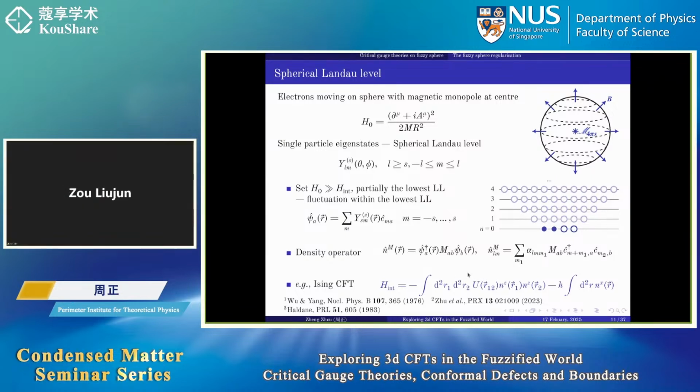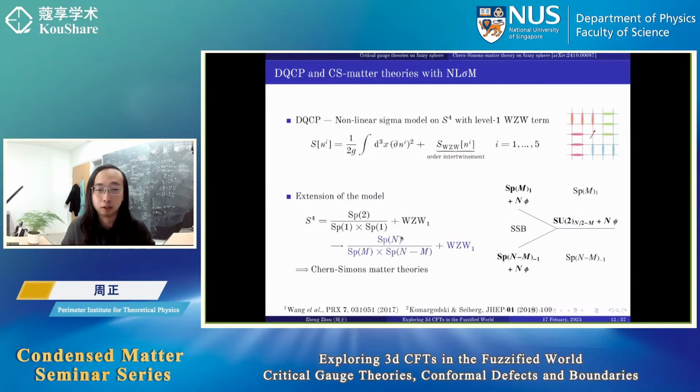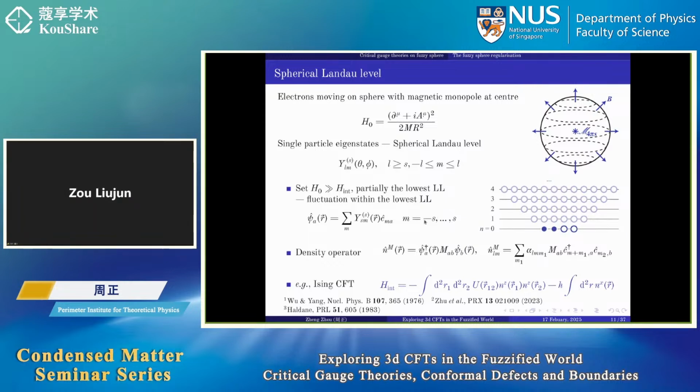By that construction, the only thing you need to know is that the fermions live in a spin S representation of the SO3. But is the fact that the models look the same a coincidence in this particular setup, or is it more general?